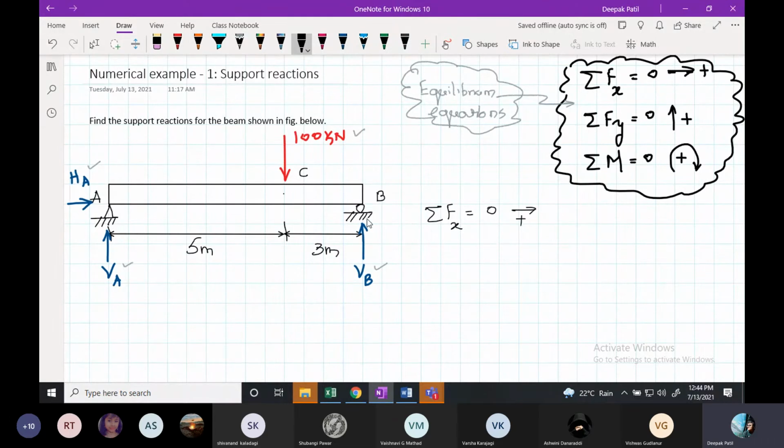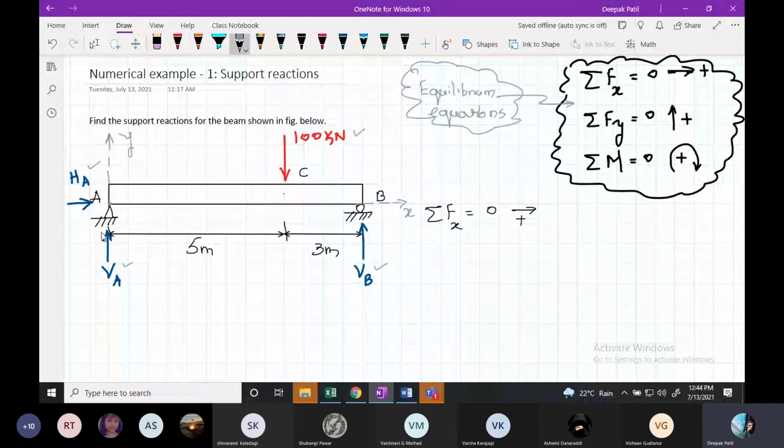Now you can take point A as the origin, and consider this as your x-axis and this as your y-axis. Initially, for a few problems you can mark like this. Later on there is no need to mark this, it is understood by default. First I will apply summation of Fx equal to 0.